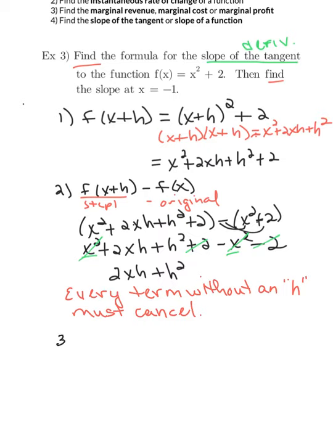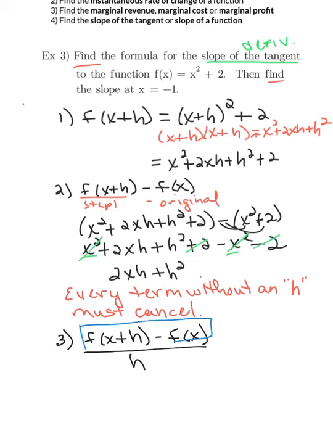For step 3, we take f of x plus h minus f of x and put it over h. Well, if you think about what this numerator is, that's step 2.